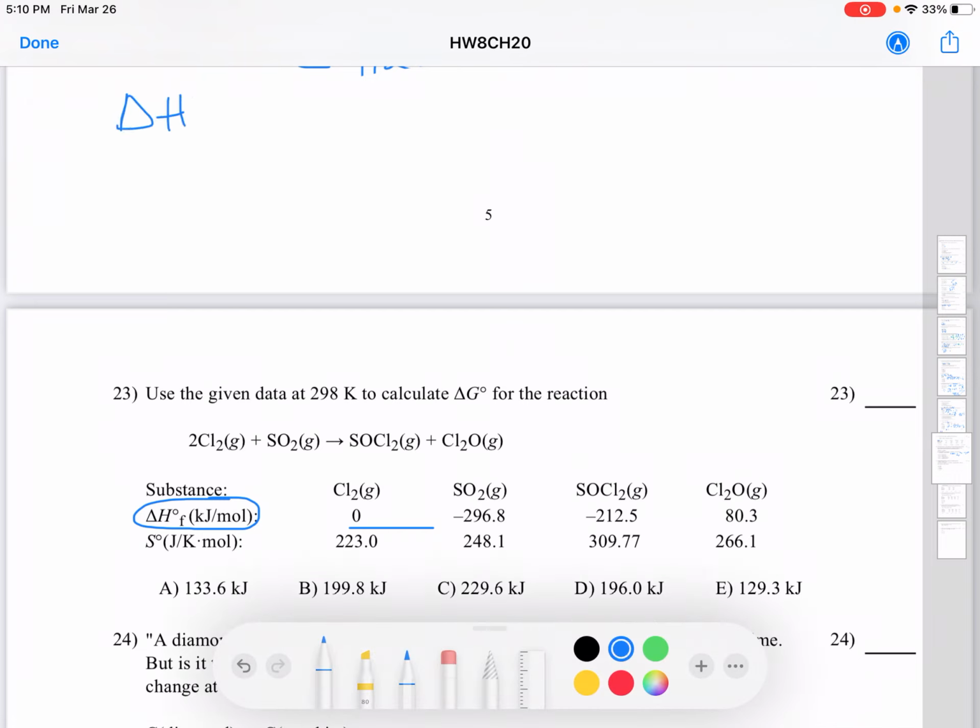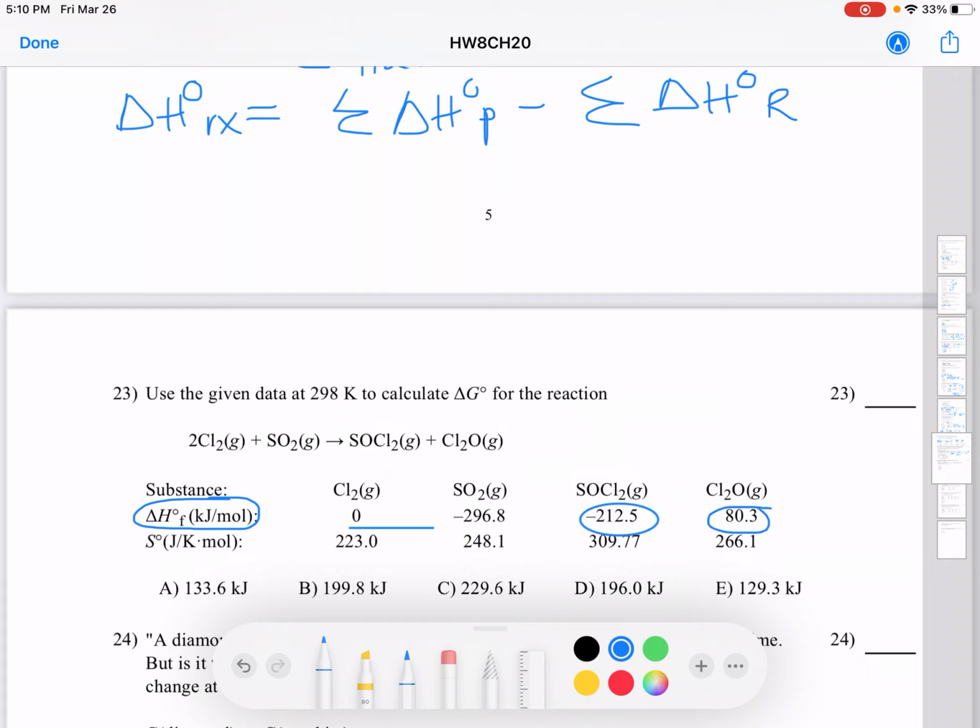Calculate the delta H naught for the reaction using the sum of all the delta H naught values for the products minus the sum of the delta H naught values for the reactants. So these are the reactants, and your products are going to be SOCl2 and Cl2O. Your reactants are these two. So you do this calculation yourself.